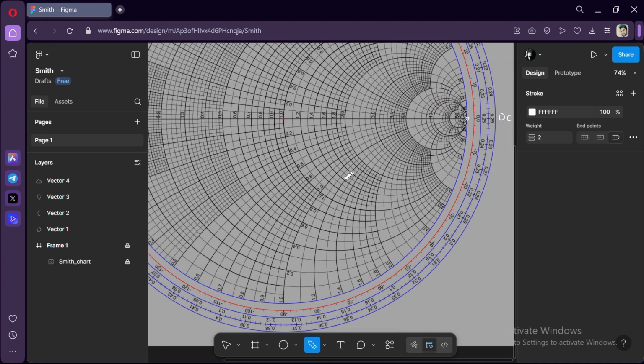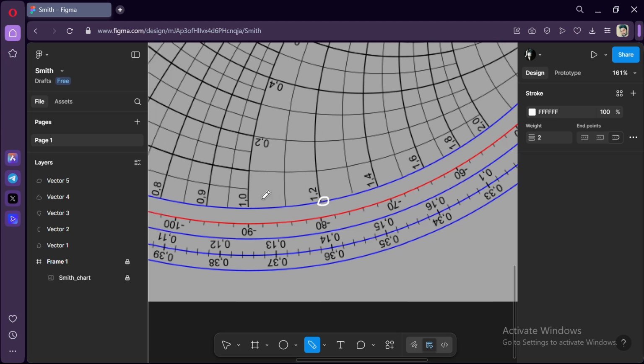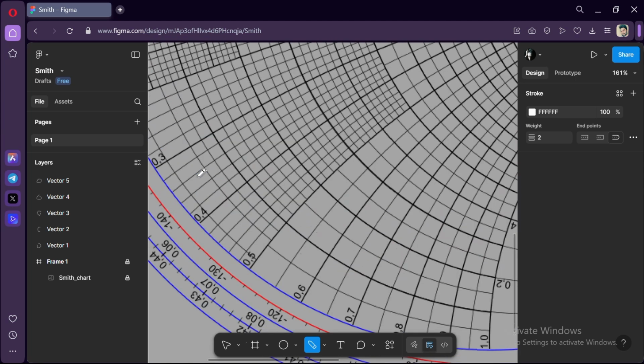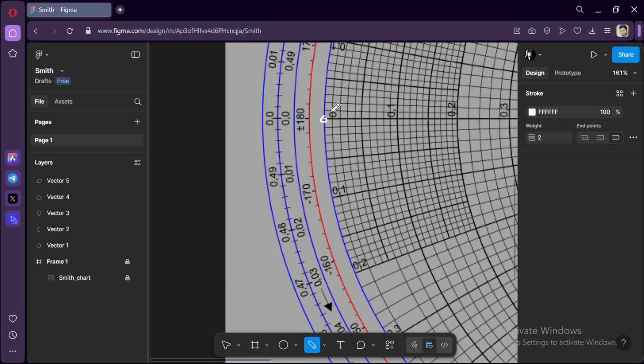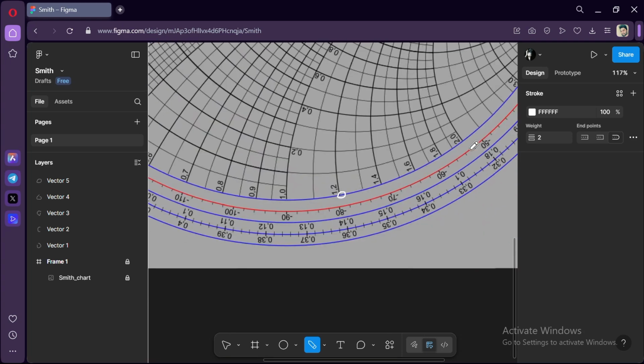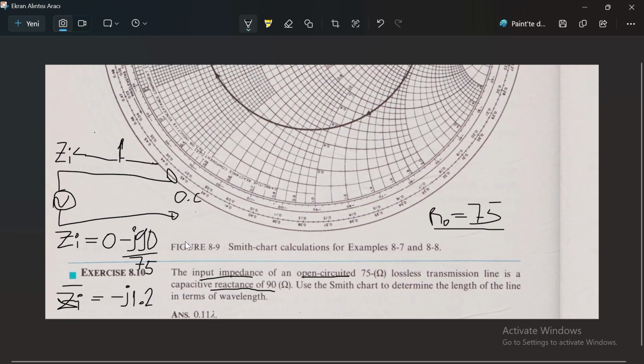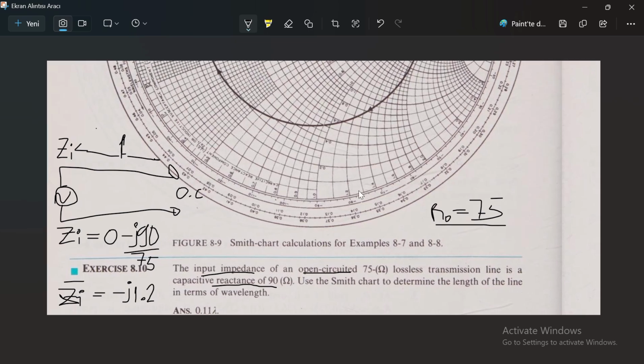The real value is 0, this point, following the outer circle going to 0. We have our two points, and we need to find this distance.